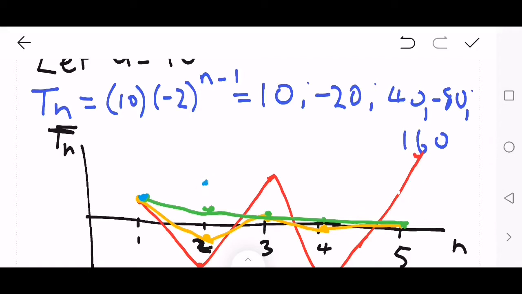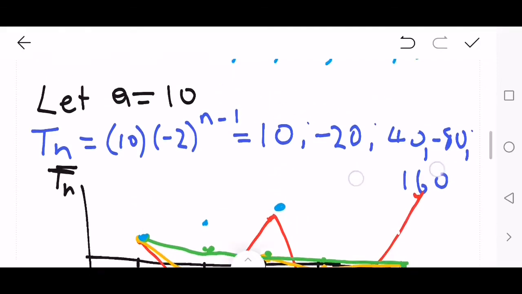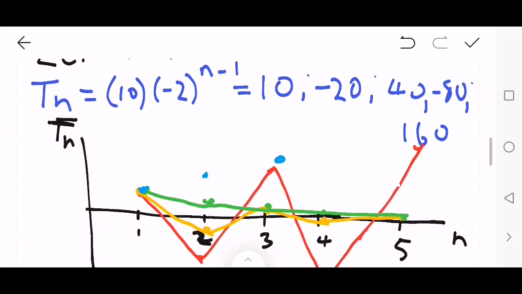Our third term is 9. Our fourth term is 27. Our fifth term is 81. So this graph, it's not a straight line, it's exponential. It's just that this is not drawn to scale.